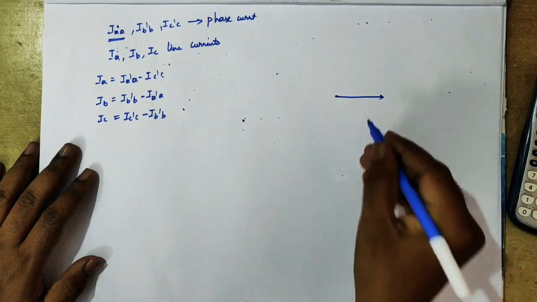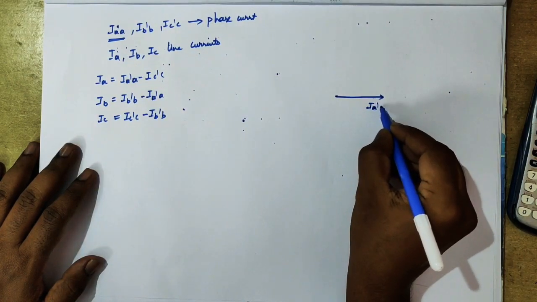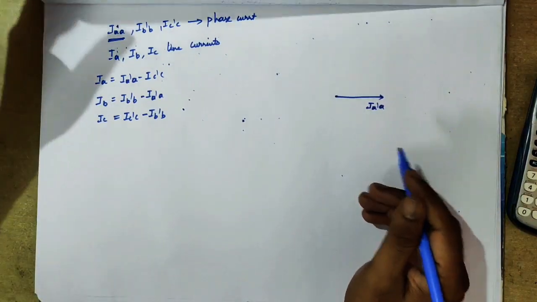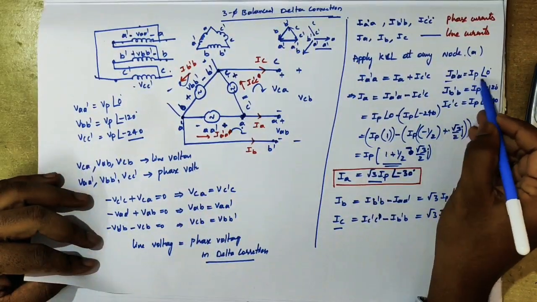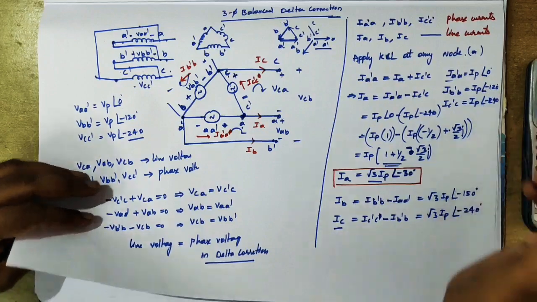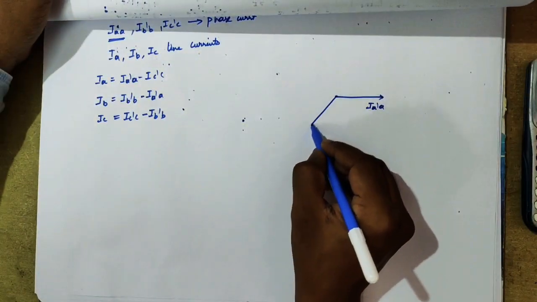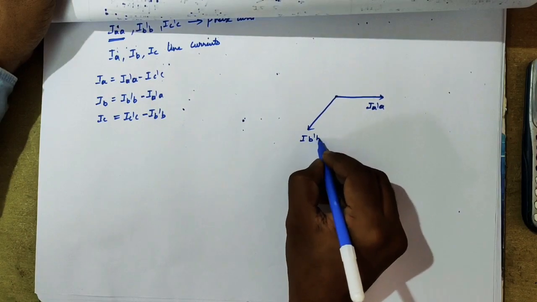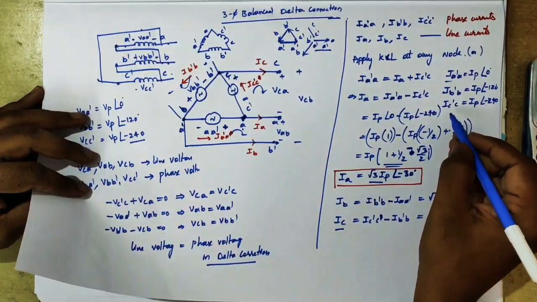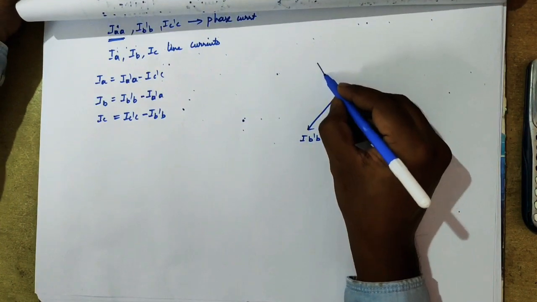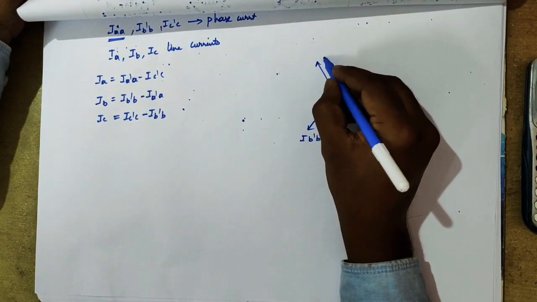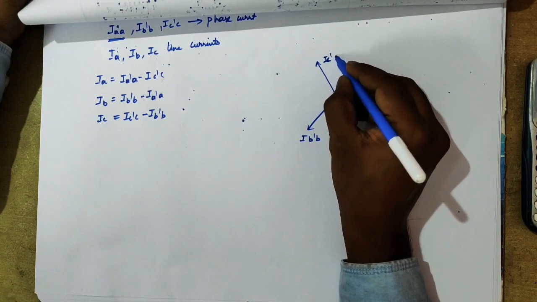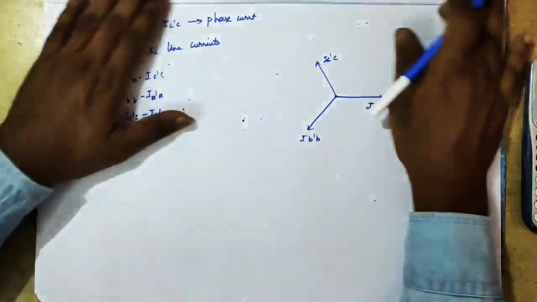This is the A dash A current, which is I phase at 0, I B dash B is at minus 120 degrees, and this is I C dash C.